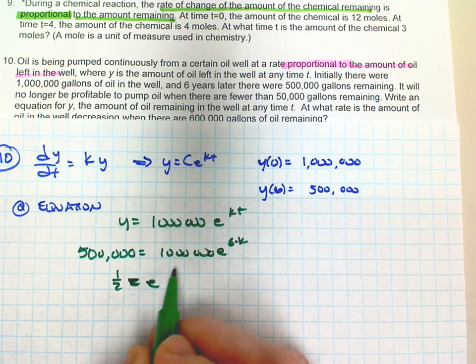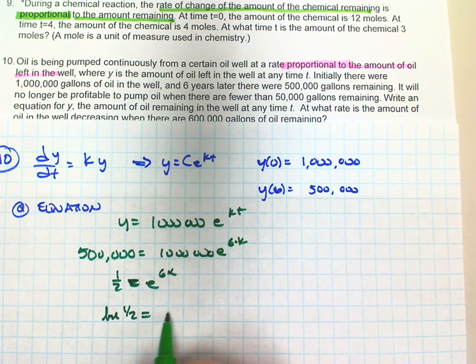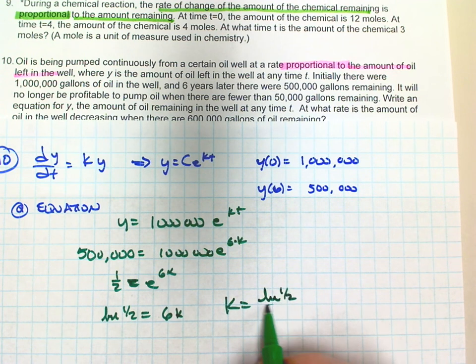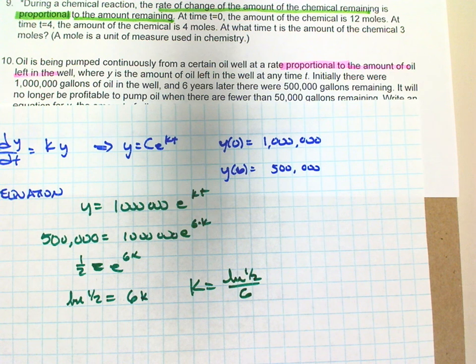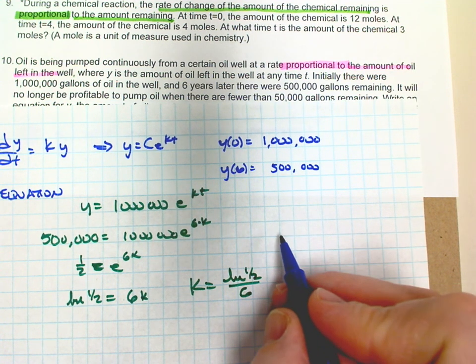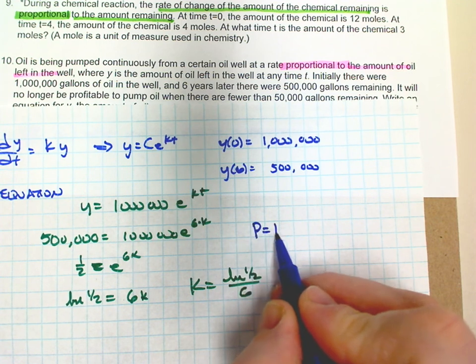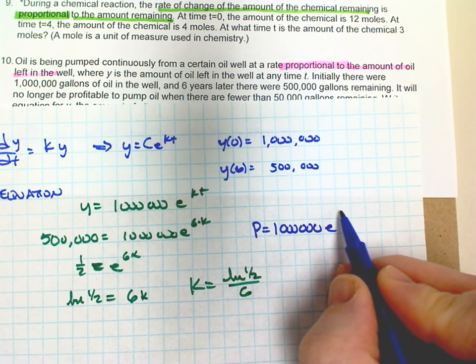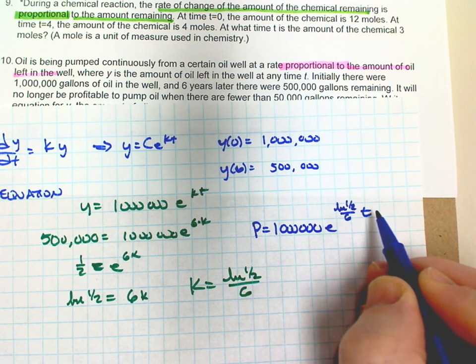That's going to equal e to the 6k. Natural log of 1/2 would equal 6k, or k equals the natural log of 1/2 divided by 6. Substituting that into our equation will be y equals 1 million e to the natural log of 1/2 divided by 6 times t.